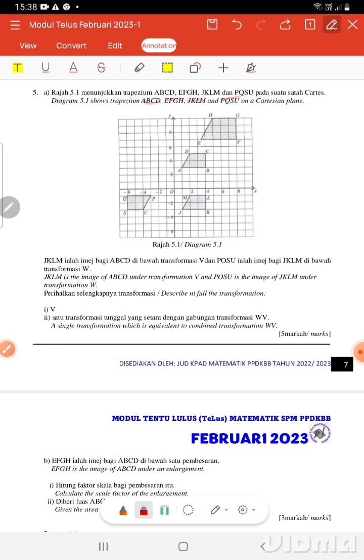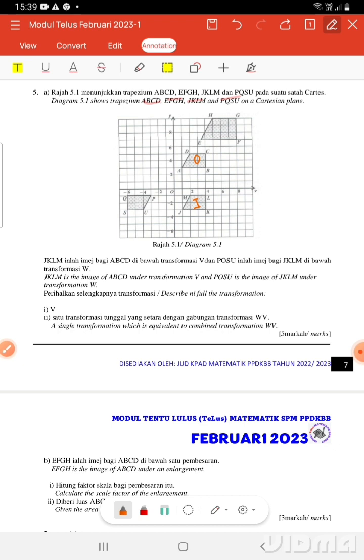JKLM is the image of ABCD under transformation V. And PQSU, should be Q there, right? PQSU is the image of JKLM under transformation W. So, describe in full the transformation V first. So we do V first.